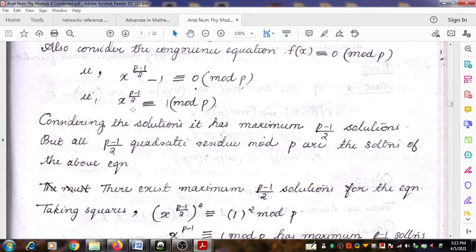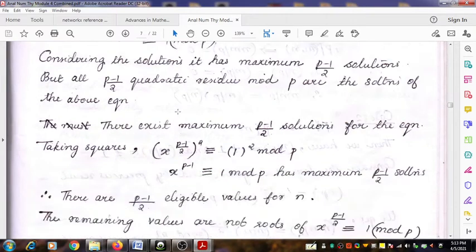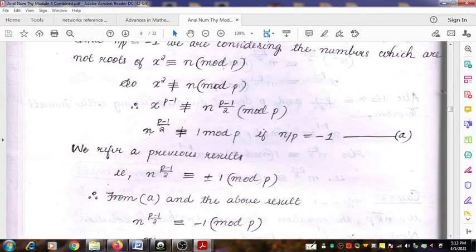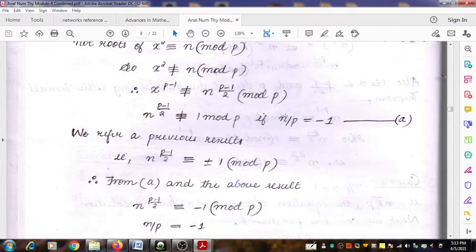Once again, for such numbers, n^((p-1)/2) is not congruent to 1 mod p. That situation is written here. It happens whenever the Legendre symbol value (n/p) is equal to -1.